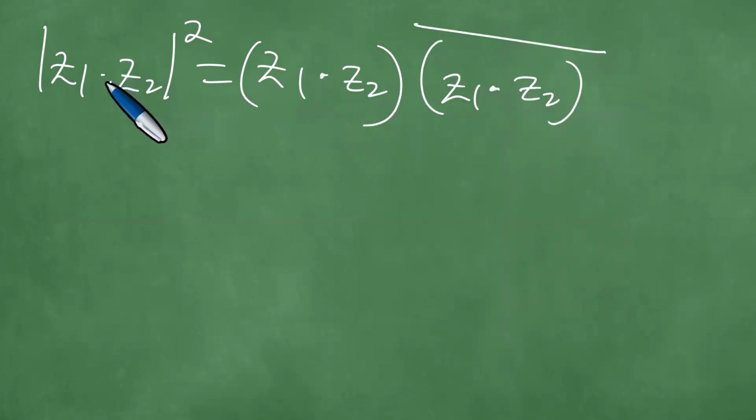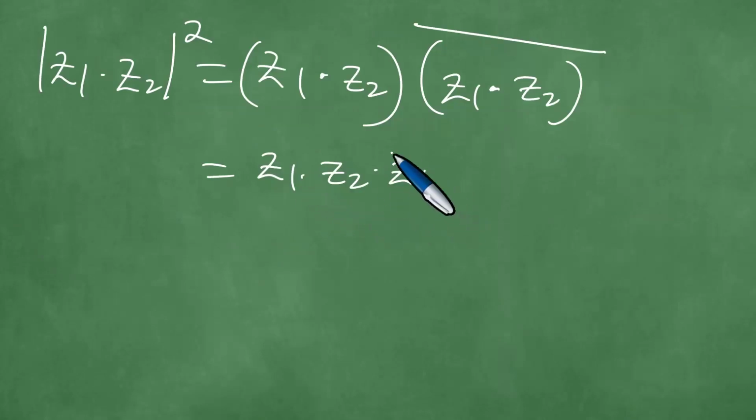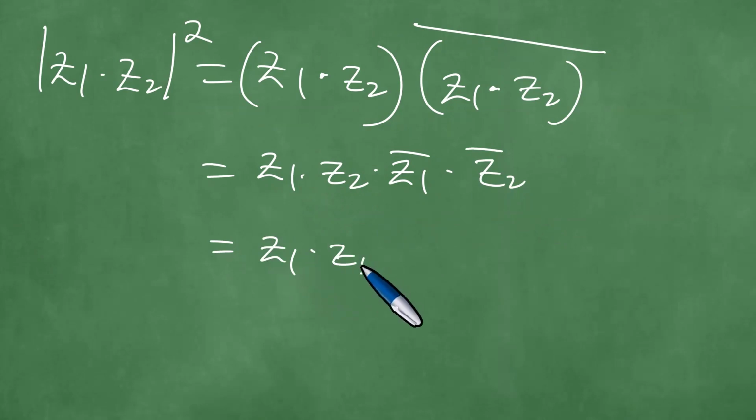So the square of a complex number is the same as that complex number times the complex conjugate, which is Z1 Z2 times Z1 bar Z2 bar, which is Z1 Z1 bar Z2 Z2 bar. What is Z1 times Z1 bar?